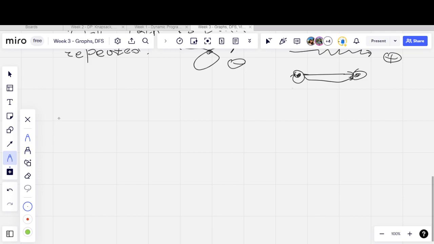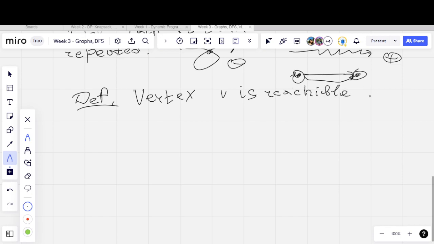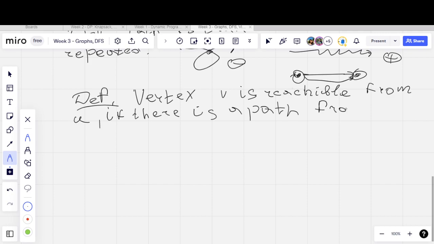So the next definition. Let's say that a vertex v is reachable from u if there's a path from u to v. Why do we consider a path, not a walk?